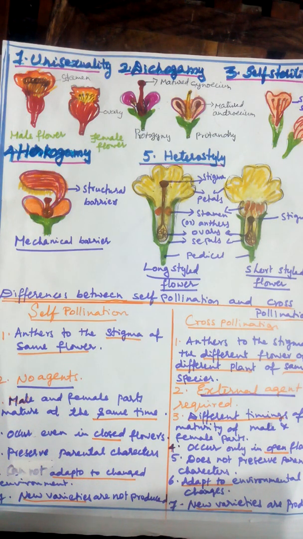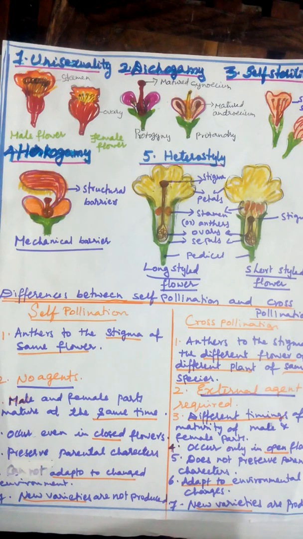In self-pollination, it occurs even when the flower is closed. Cross-pollination can occur only when the flower is open. Self-pollination can preserve parental characters, the original characters can be preserved, whereas in cross-pollination, the parental characters cannot be preserved.